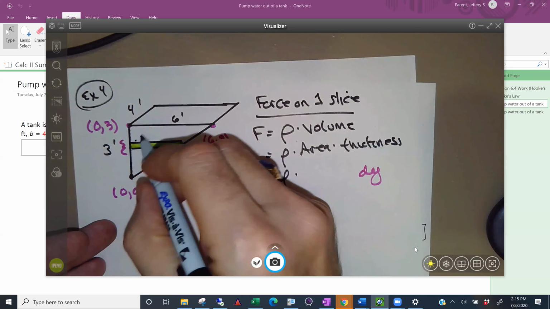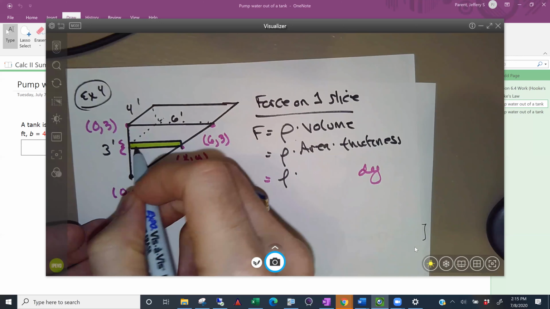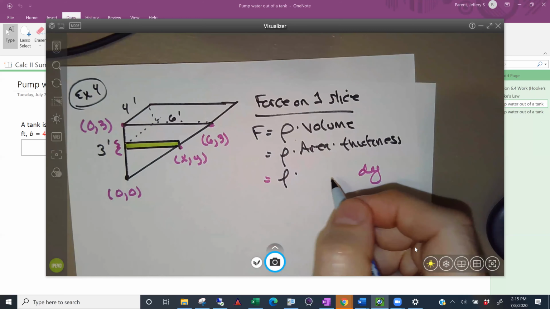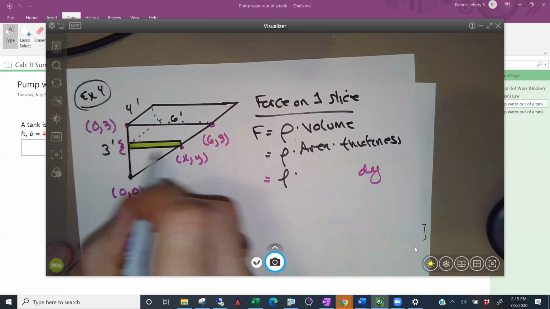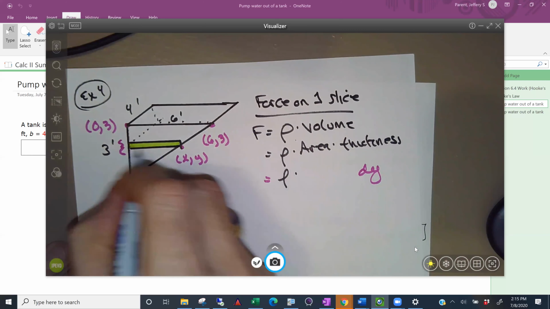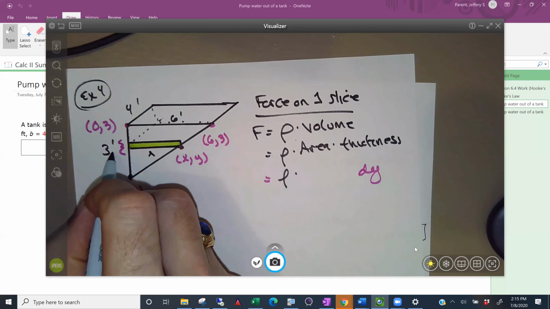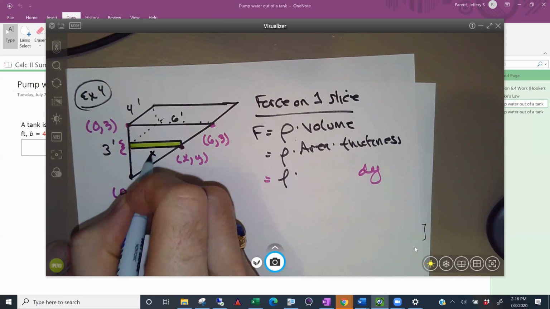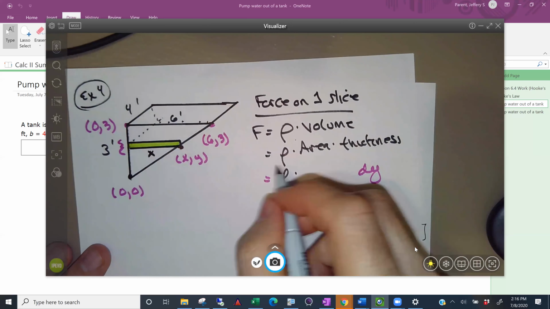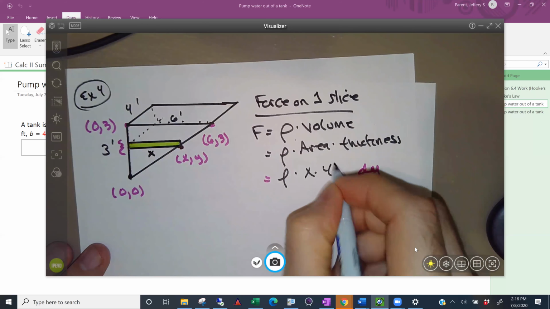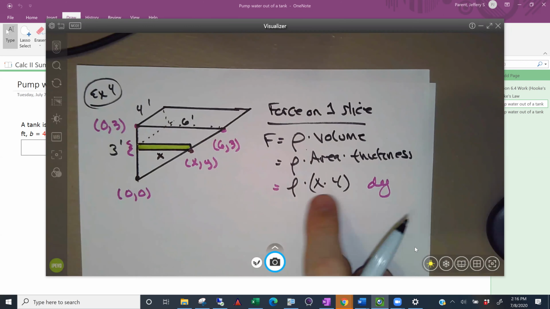Because this shape is going to go back along here. So what are the dimensions of that rectangle going to be? Well, in one direction, it's going to be x. You can think of it as x minus 0 if you'd like, but it's just going to be x. And in the other direction, it's going to be 4. So it's going to be x times 4 or 4 times x, whichever way you want to write it.